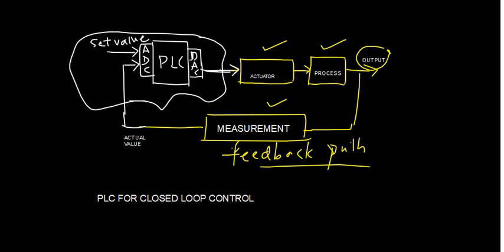what are the different modes of control? That is very important for me to understand, because I need to use my PLC for the system within the different modes of control available to me, right?